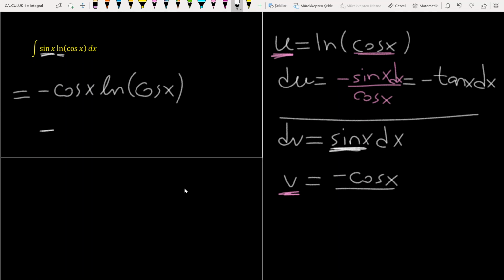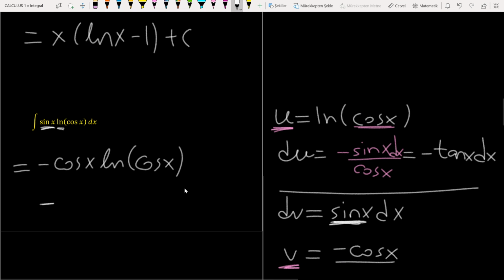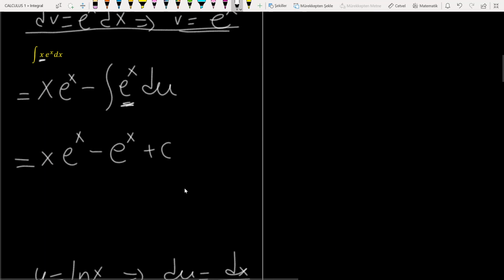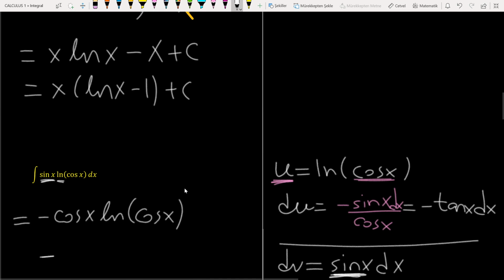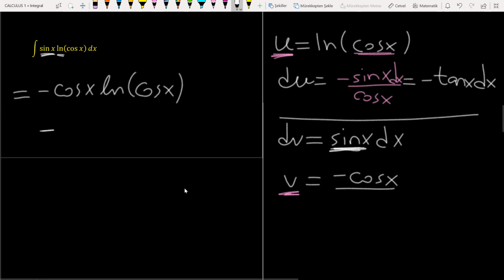Let me look at the formula again. v du, yes. Okay, v is minus cosine x and du is minus tangent x dx.